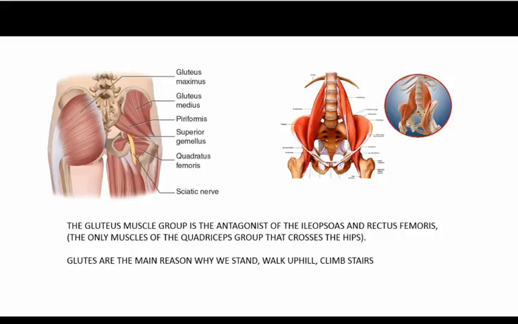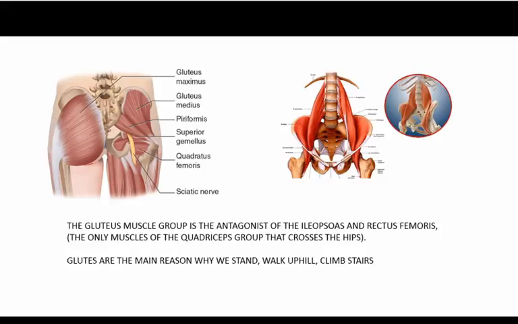We know that we have 3 glutes, so we have the maximus, the medius, and the minimus. From this picture, we can't see the minimus because it's below the medius. And also indicated here are the antagonists of the glutes that we spoke about, the antagonist and agonist during the first webinar.